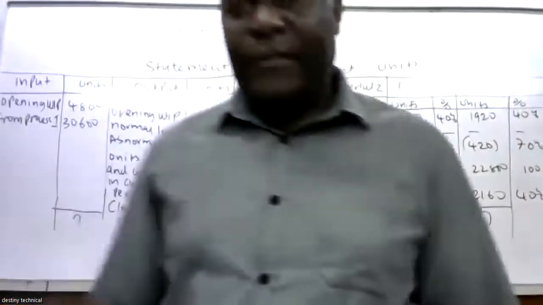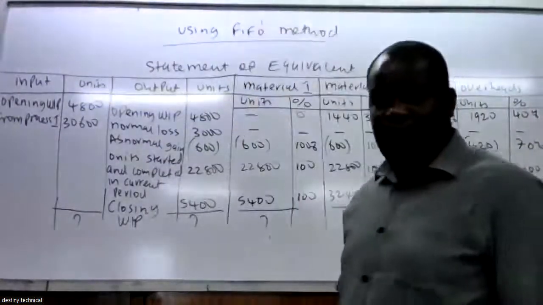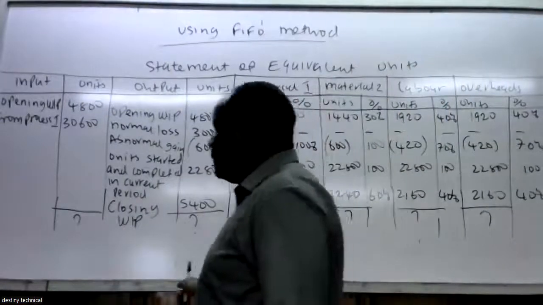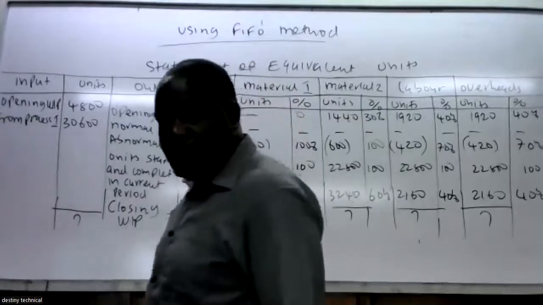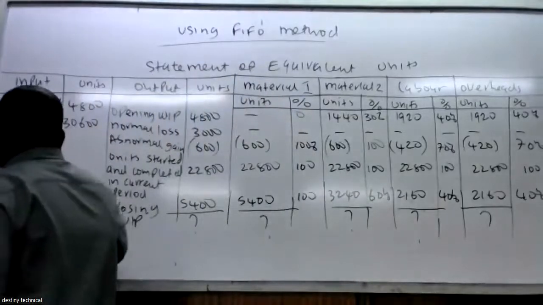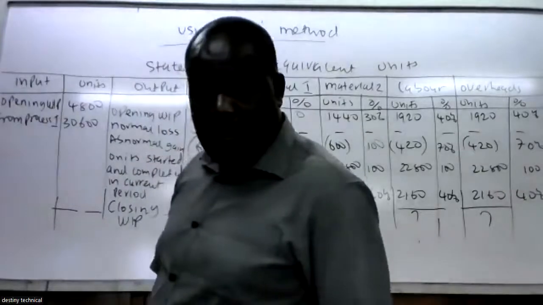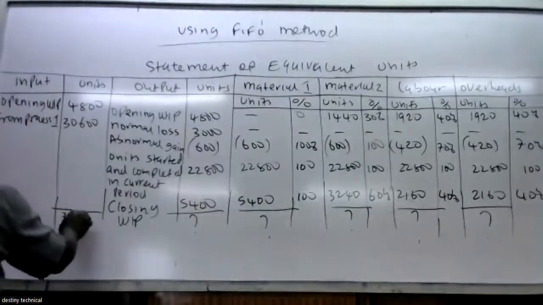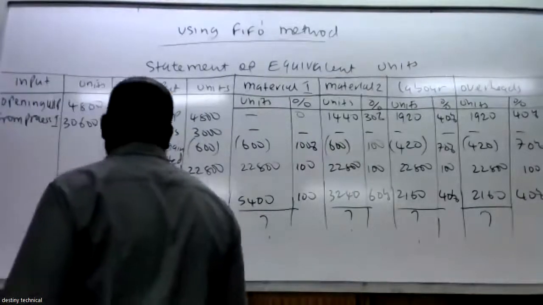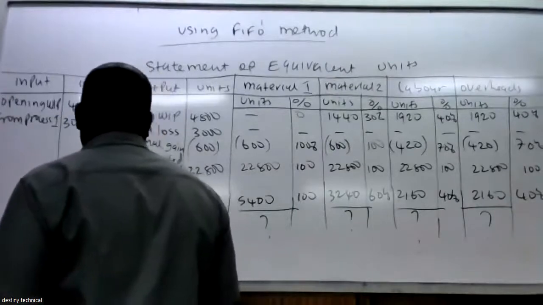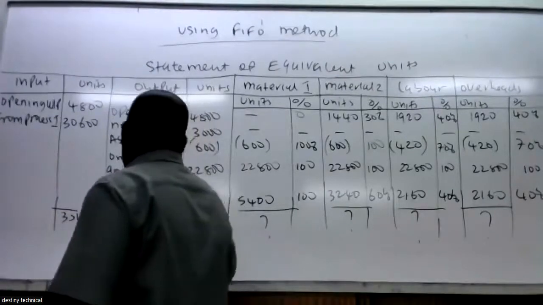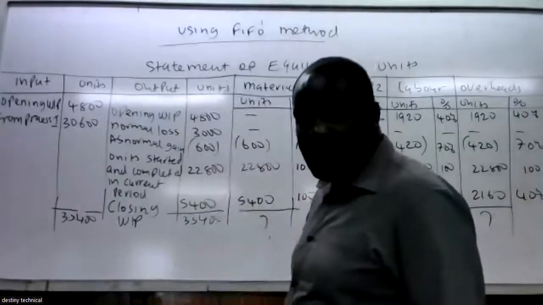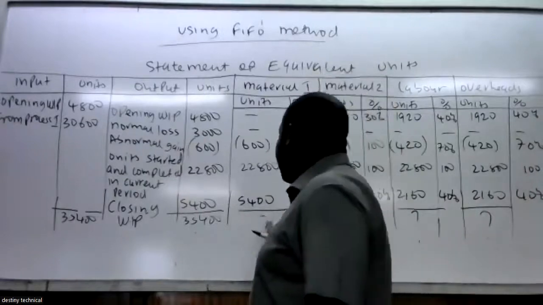So the first one has given you a total of what? 35,400. So this one is 35,400. How about this one?